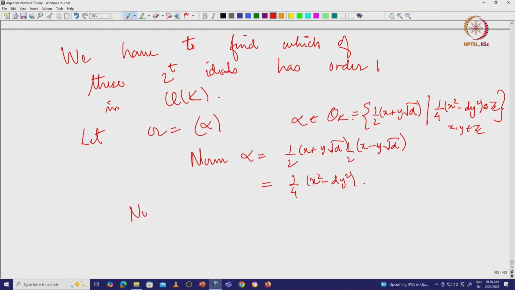And so the norm of A is the ideal generated by 1/4 (x squared minus d y squared), and I know that this divides d, right. So I want to find out the solutions, how many x and y I can find so that I get this.